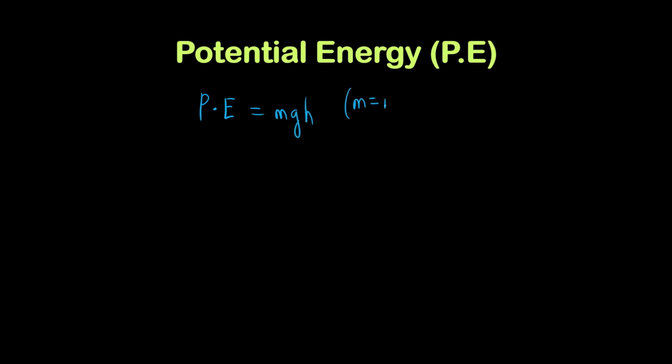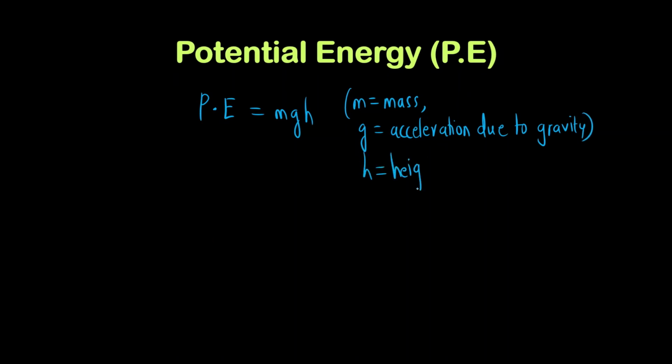What is m? m is the mass of the body. g is the acceleration due to gravity, and h is the height of the body from the ground.